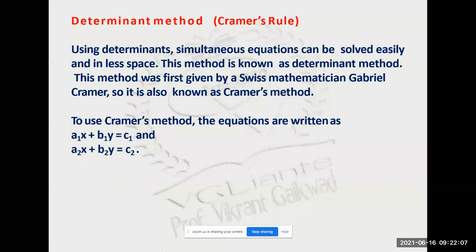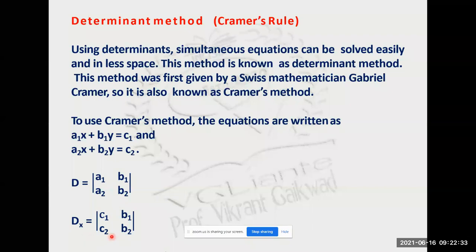To use Cramer's method, the equations are written as a1x plus b1y equals c1. You have to arrange x, y on one side and constants on the other side, and a2x plus b2y equals c2. You write that in a 2 by 2 matrix. Coefficient of x one below the other, coefficient of y one below the other.